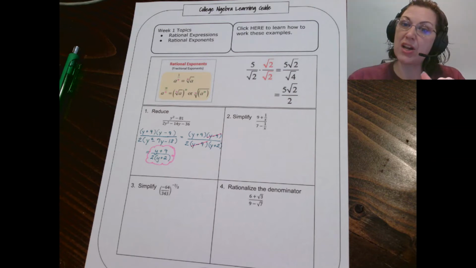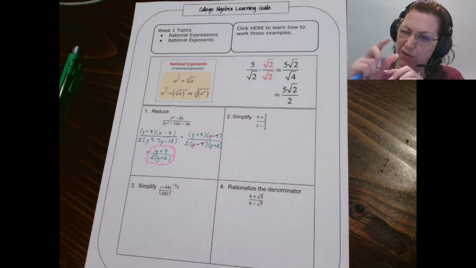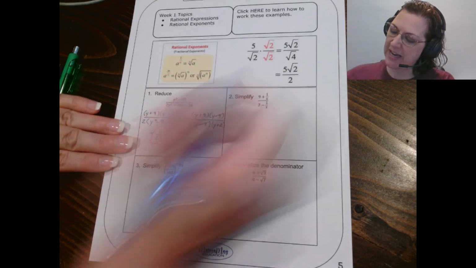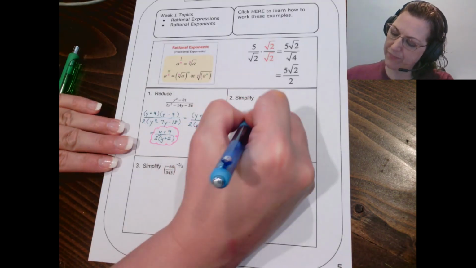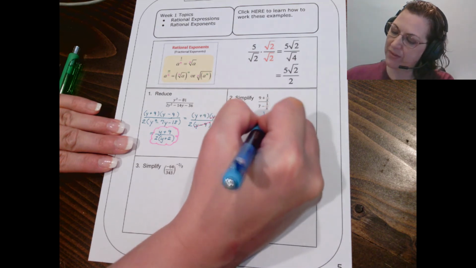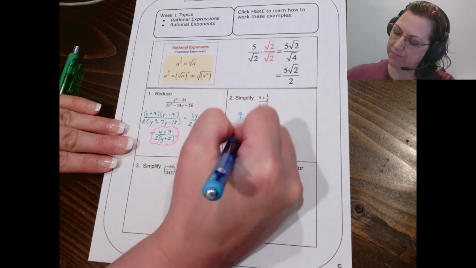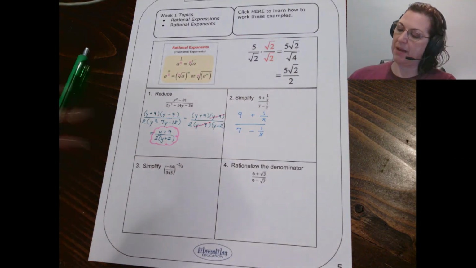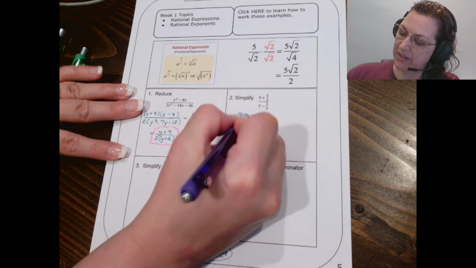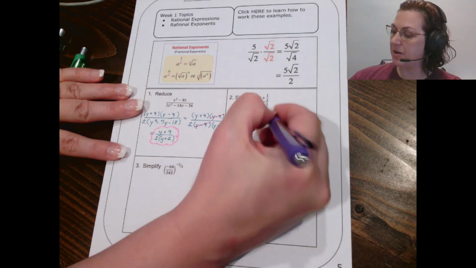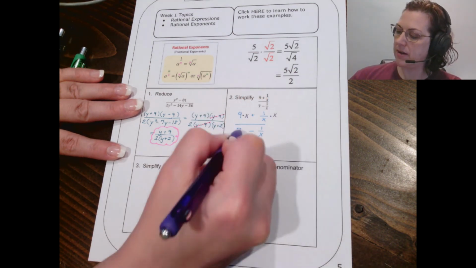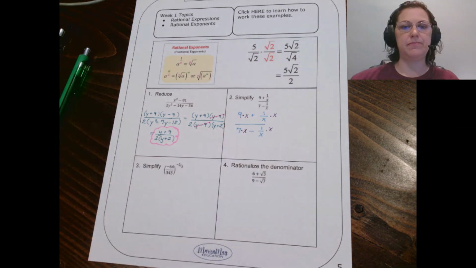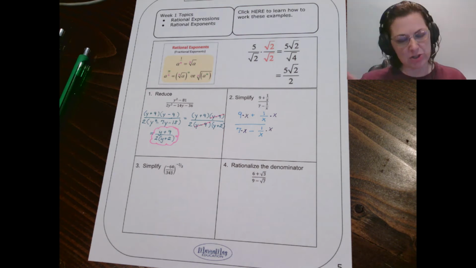Notice that the denominators of those smaller fractions are both x. So I'm going to take every term in this fraction inside of a fraction and multiply by that denominator, x. I'm going to multiply this by x, this by x, this by x, and this by x. You may say, well, why are you going to do that? Let me show you what happens when I do.